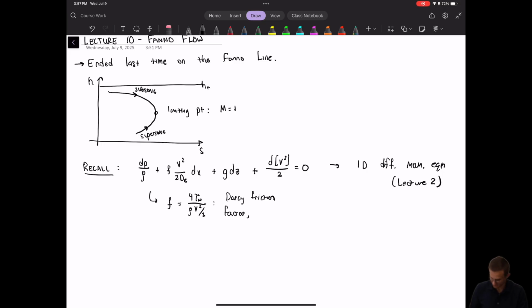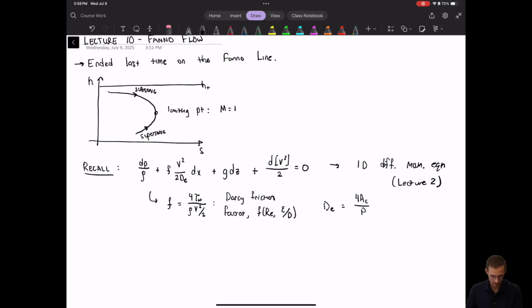It's a function of the Reynolds number and the normalized surface roughness, epsilon over d. You'll often see charts for the friction factor. We might do some problems where you'll have to pull that value, and the effective diameter is usually calculated by taking 4 times the cross-sectional area and dividing it by the perimeter.